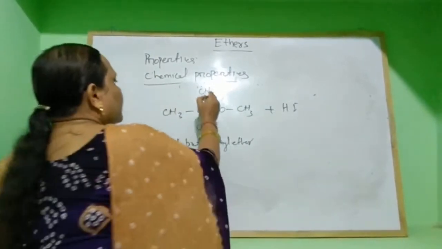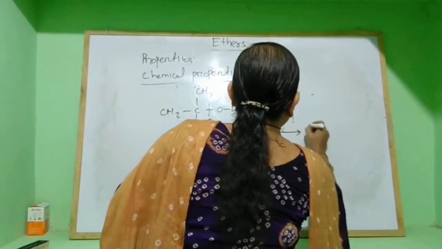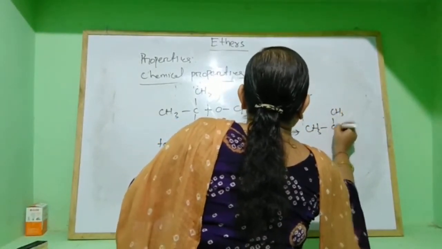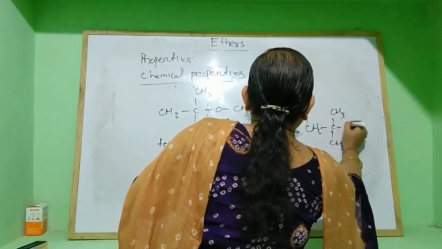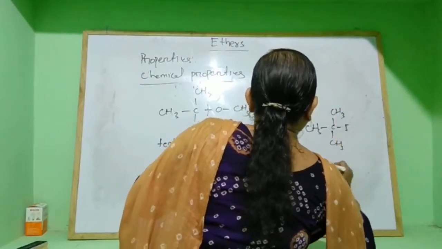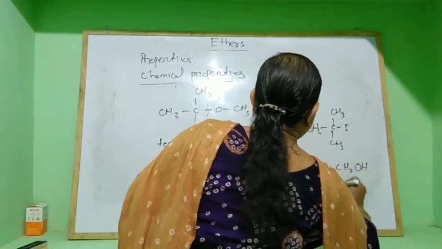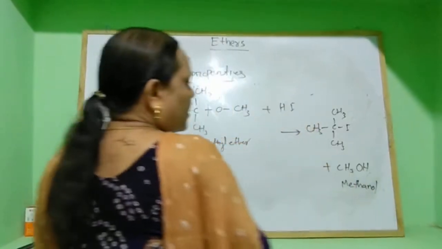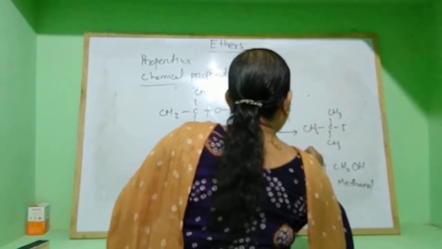Here the bond breaking takes place and it forms (CH3)3C-I plus CH3OH. This one is methanol and this is tertiary butyl iodide.